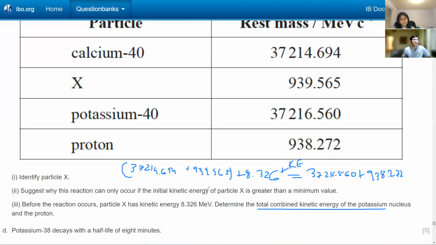Because the mass of the products is going to be bigger than the mass of the reactants, right? I'm not sure. Wouldn't you first take the mass difference and then subtract that from the kinetic energy of particle X? Well, what's the mass difference? You have that? I'll do it right now.